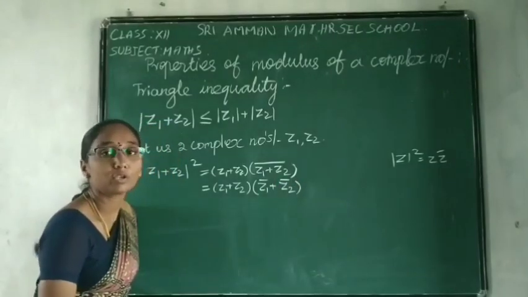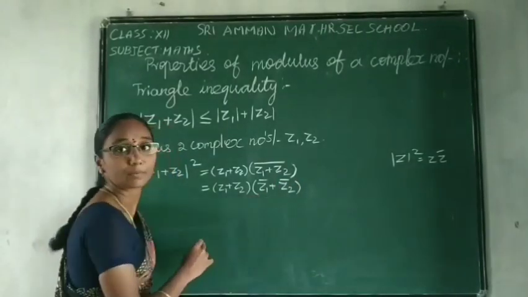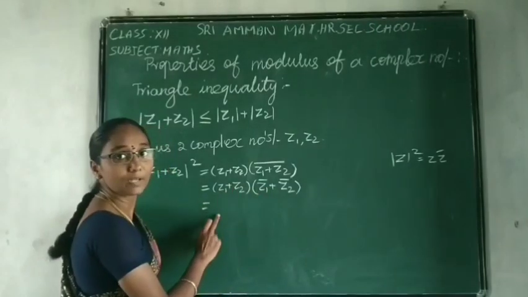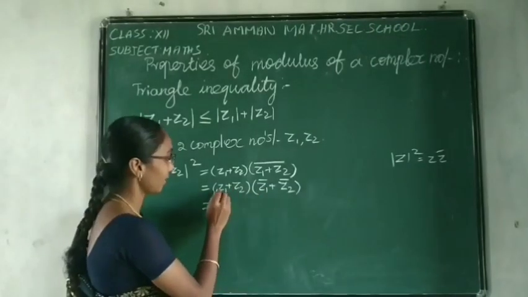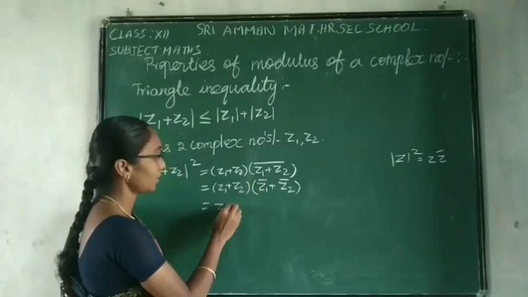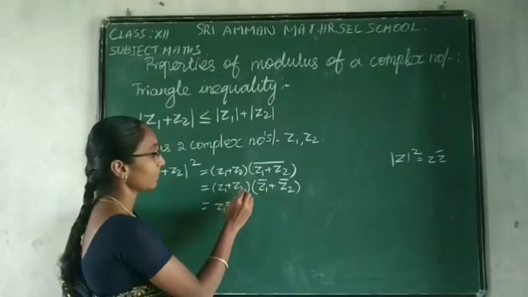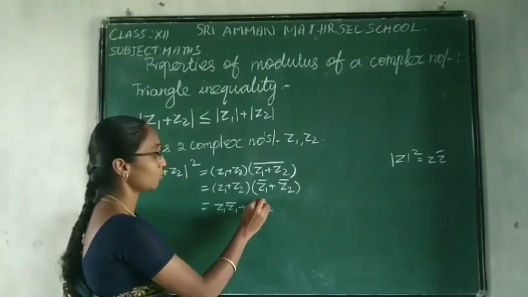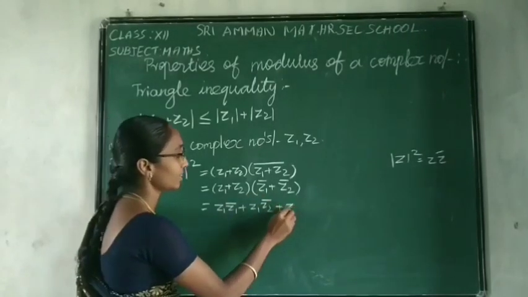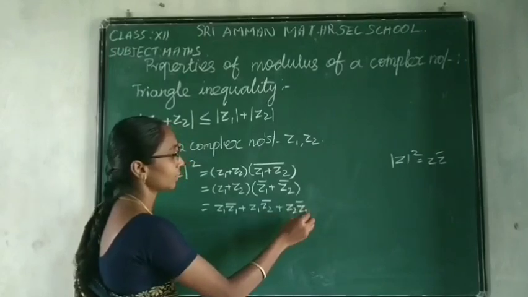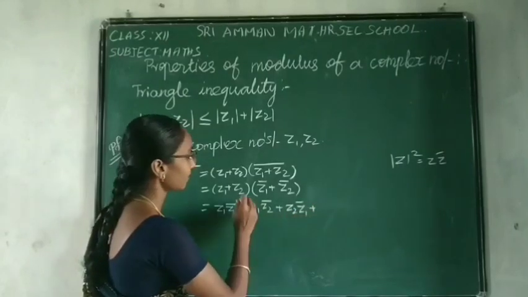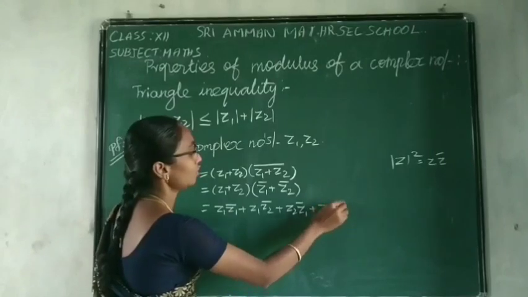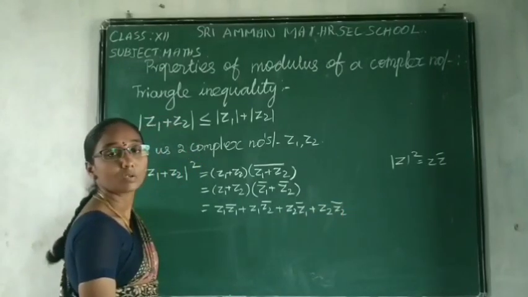Now I am going to multiply these two expressions: z1 z1 bar plus z1 z2 bar plus z2 z1 bar plus z2 z2 bar. You get it?